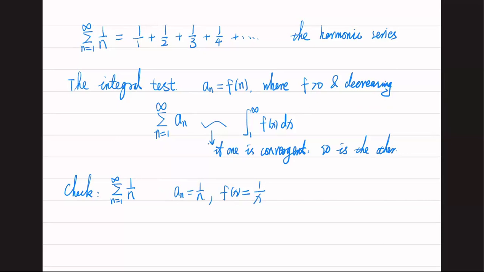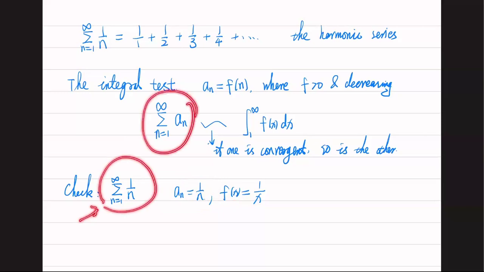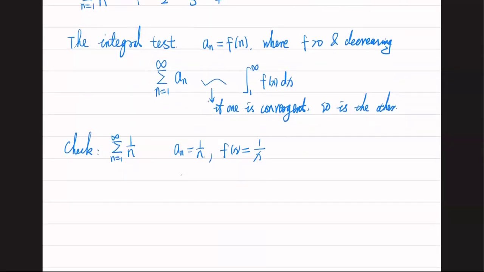Now if we check x equals n, we get 1 over n. To determine whether this is convergent or divergent, we apply this test. So we need to compute the integral. Is this integral convergent or divergent? Okay, what's this integral?